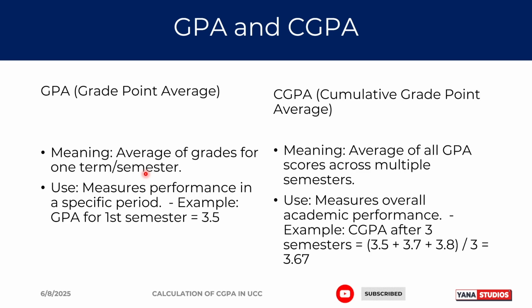So it's all the GPAs that you've gotten in multiple semesters, combined to give you your CGPA. The CGPA is cumulative, so we have multiple semesters, combining them and dividing by the number of semesters that we've got.